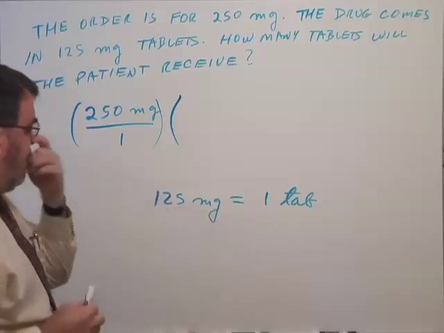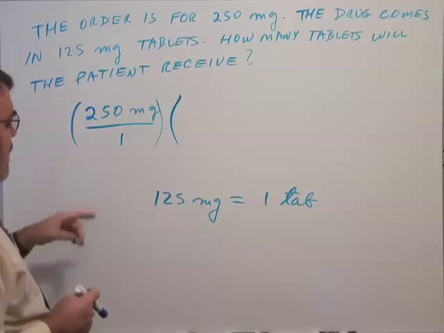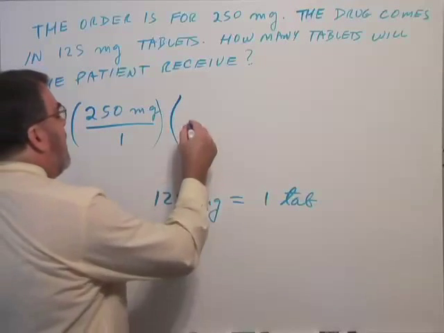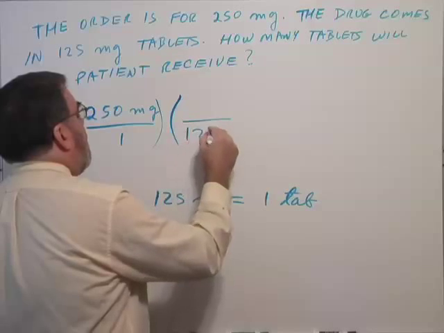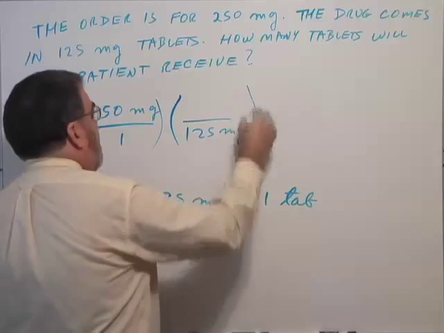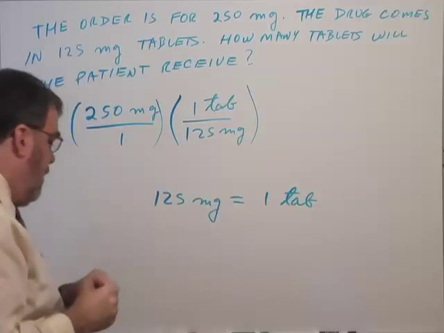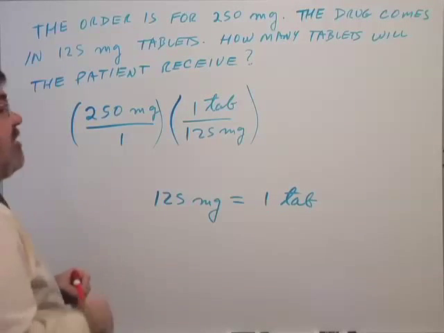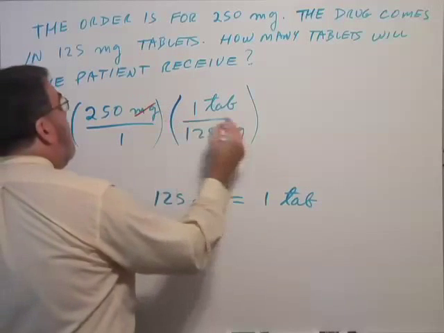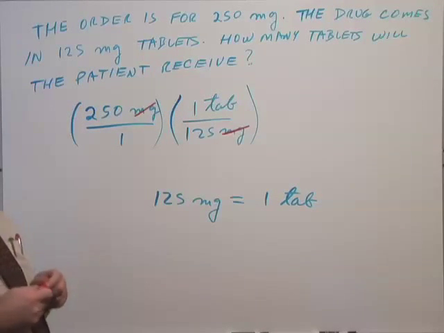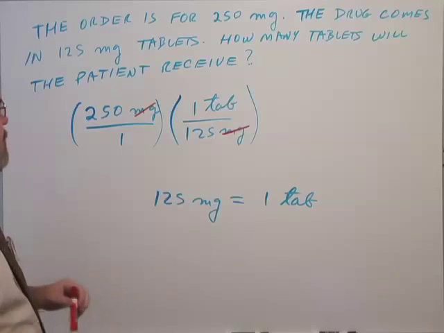So what I do is I form a fraction out of this, and I want to cancel milligrams. So milligrams needs to go in the denominator, and 1 tablet goes in the numerator. Another way of looking at this is that we're replacing milligrams with tablets. So tablets need to be in the numerator.